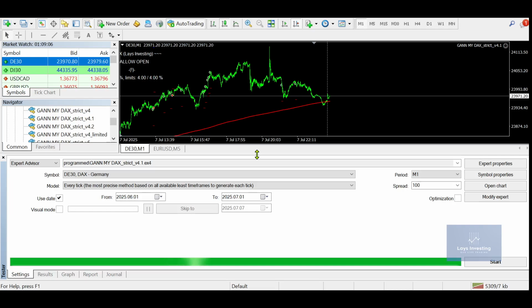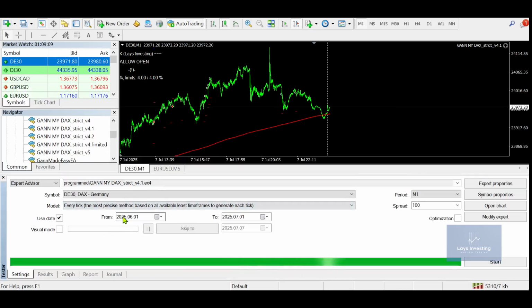So let's run the 1 year backtest in one shot.